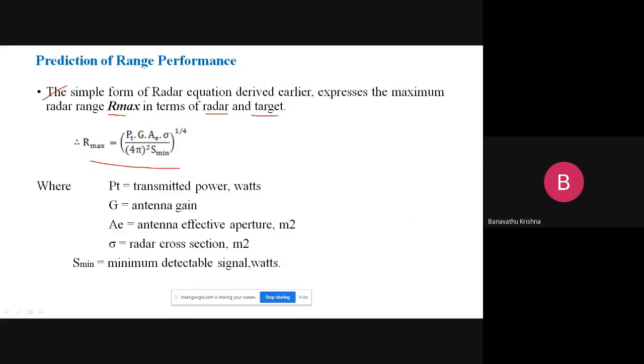Here these are the different parameters. Based on these parameters, we can find the maximum range between radar and target.